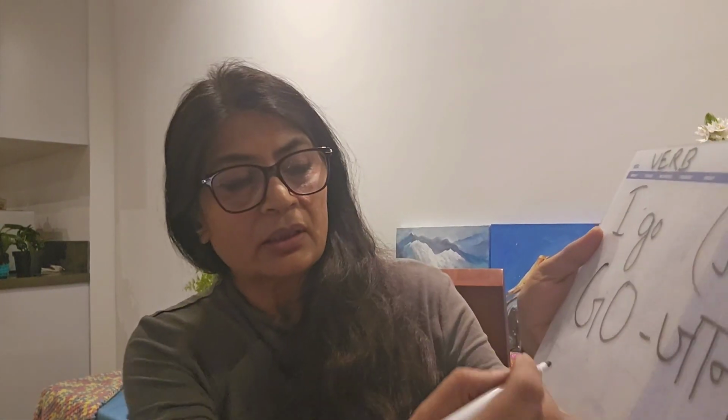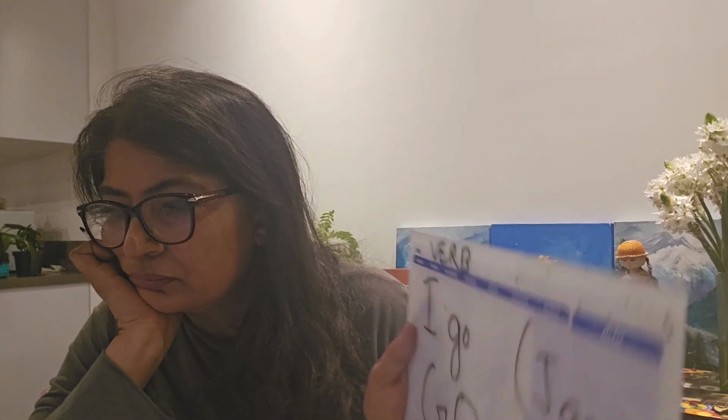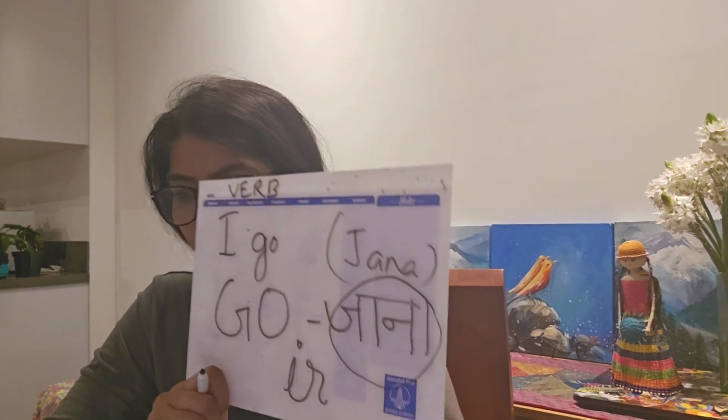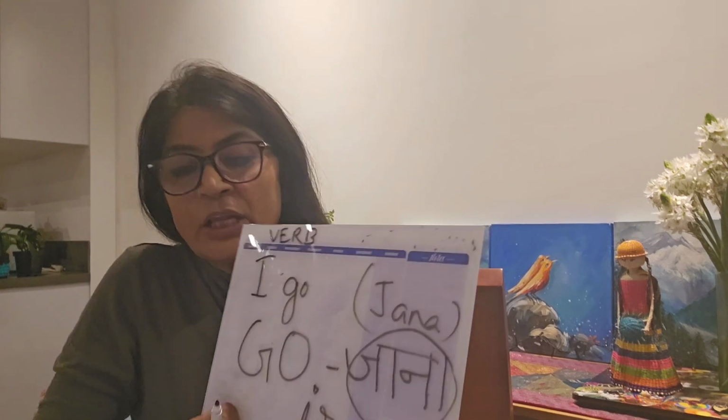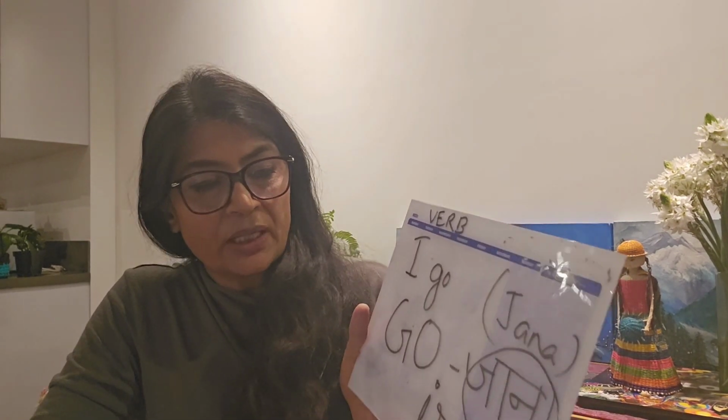Suppose, for example, you have ir and it becomes yo salgo, tu salgas, etc. Similarly, the root is jana. Could you move the board a little bit to the left, please? So jana is the root. To go.